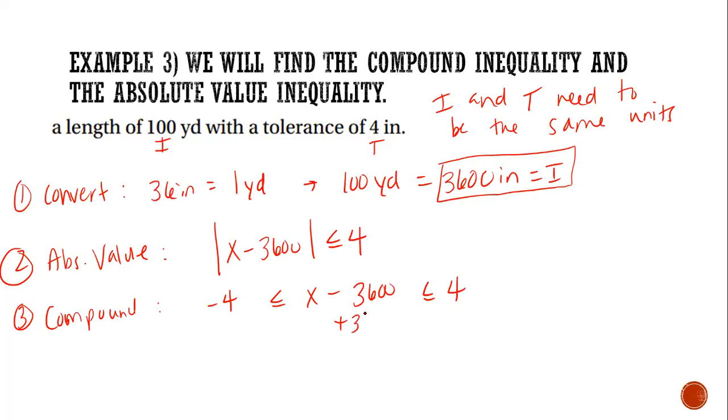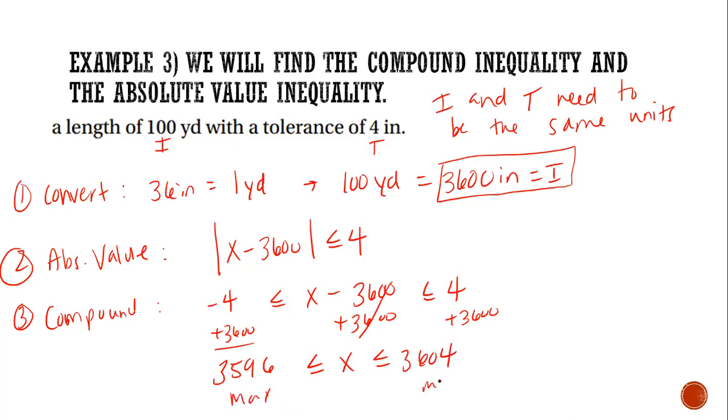I'm going to add 3,600. And that's going to give me 3,596 ≤ x ≤ 3,604. And so here would be my min, and here would be my max.